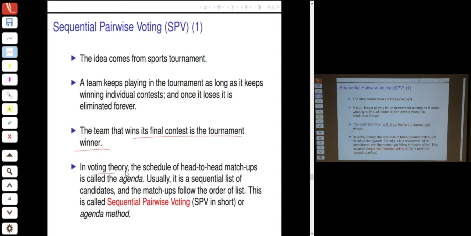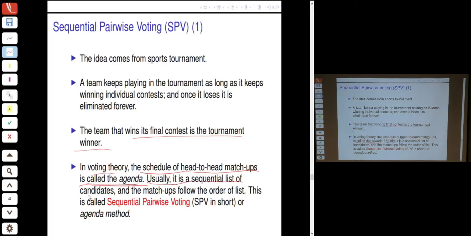In voting theory, the schedule of head to head matchups is called the agenda. In some sense you can think of it as a lineup of matches in a tournament. Like in World Cup football or soccer, it's very important who is playing against whom, right? So in voting theory, the analog is the schedule of head to head matchups, and it's called the agenda.